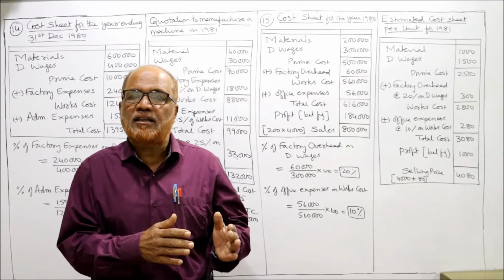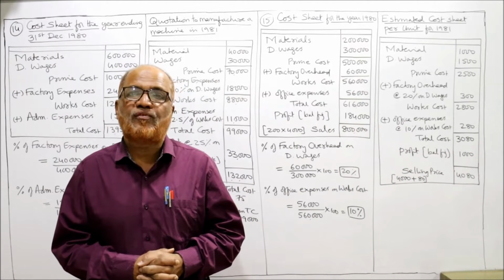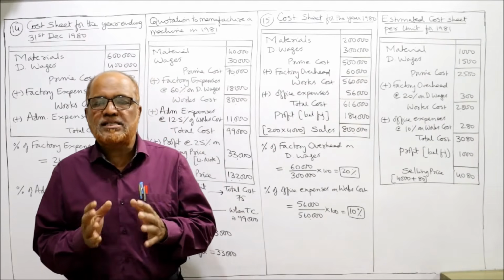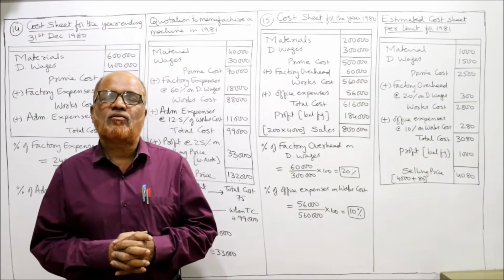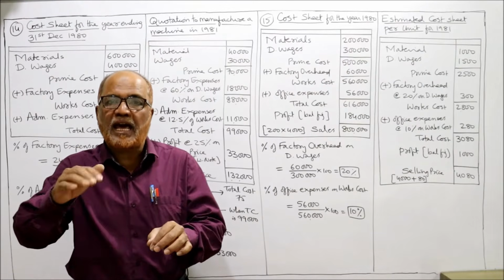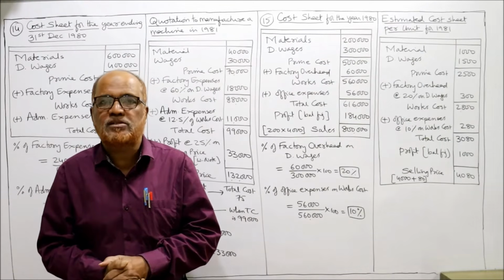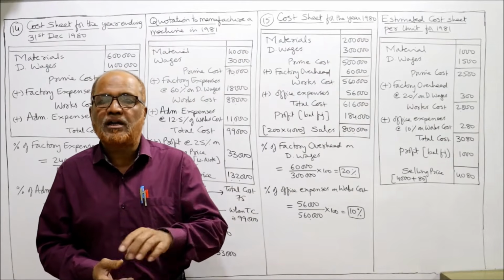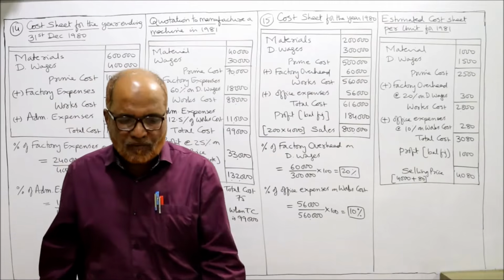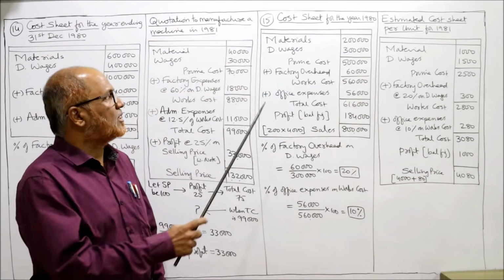Last year the television was sold at rupees 4,000 each, as given in the first line of the problem. The current year there is a proposal to enhance the selling price by 80 rupees. So instead of 4,000, the current year we sell it at 4,080. That is the question. So first we make the cost sheet of the previous year.